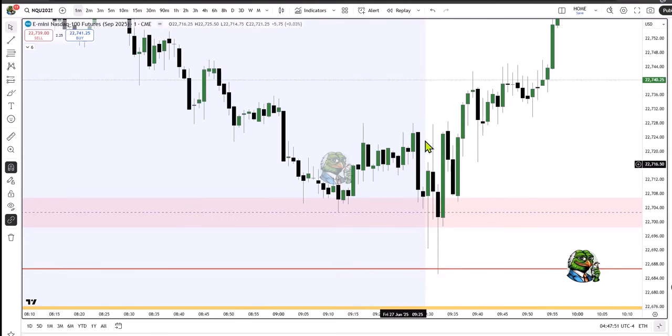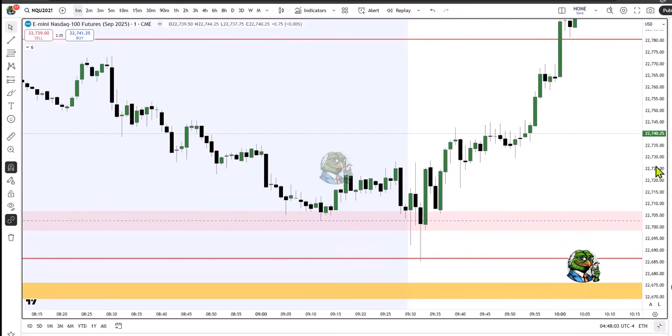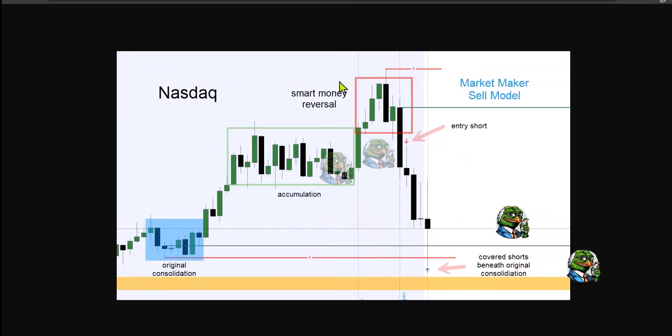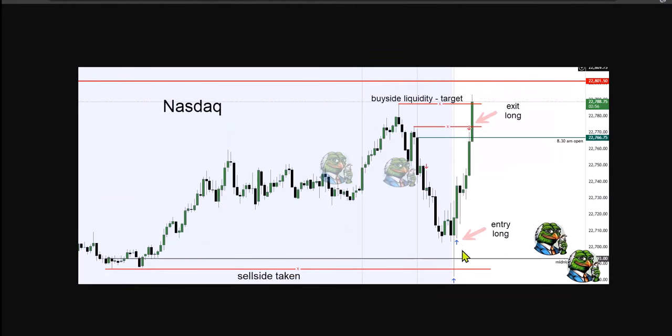We have a low, high, lower low, expansion, moving down into these two down candles, order block, and the bullish breaker. And the obvious target is going to be back above these highs. So the short under the consolidation was a target, market maker sell model, and the long was the market maker buy model back up to the buy side liquidity.